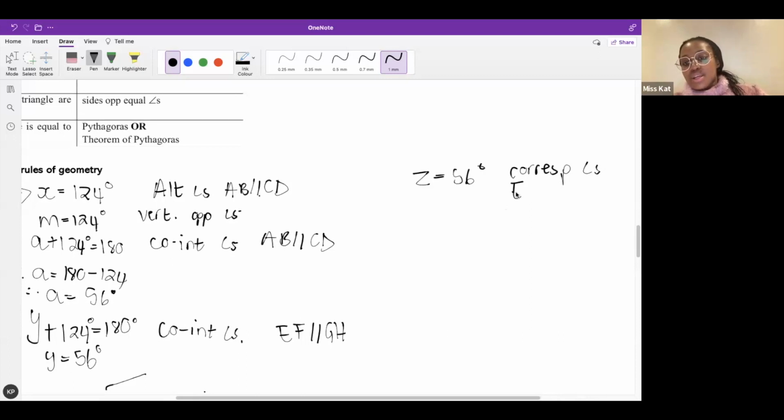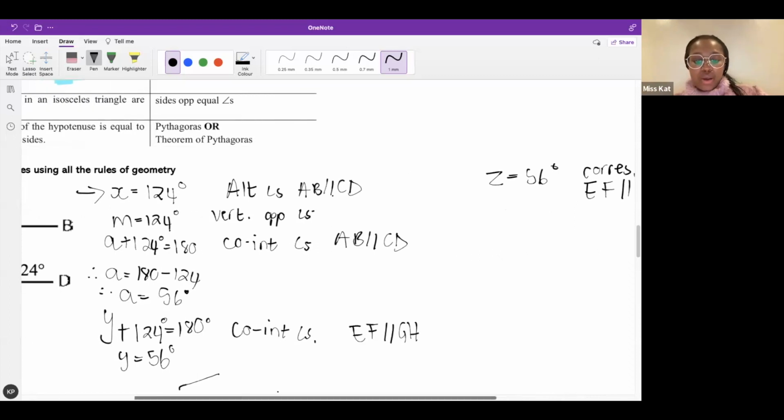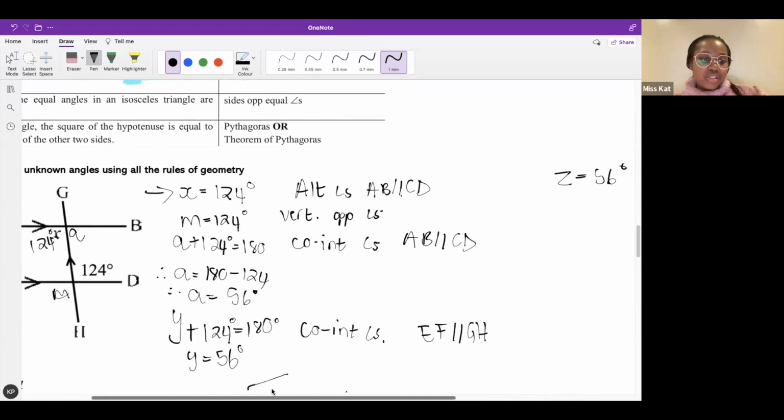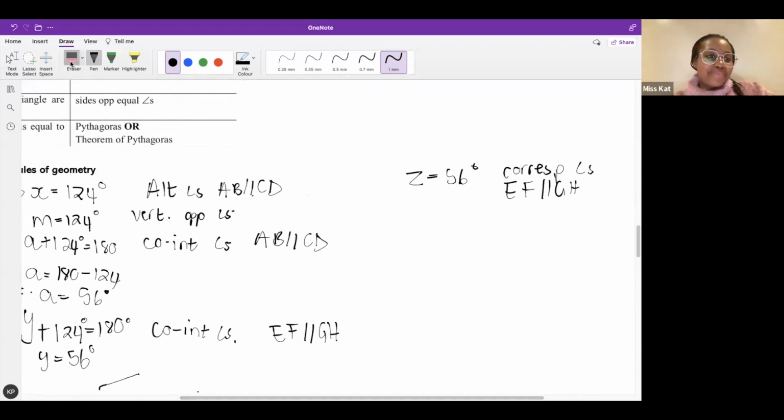And again, EF is parallel to GH. I hope those are the correct corresponding. No, they're not. Of course they're not. It's AB and CD. A, B, and C, D. Whew. And this question would be worth a lot of marks.